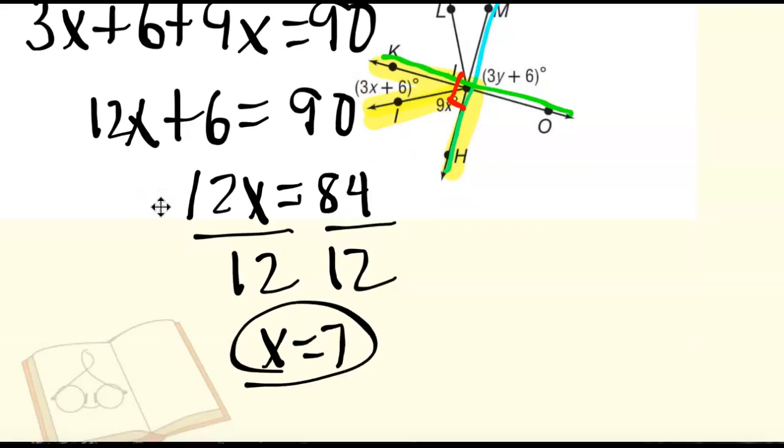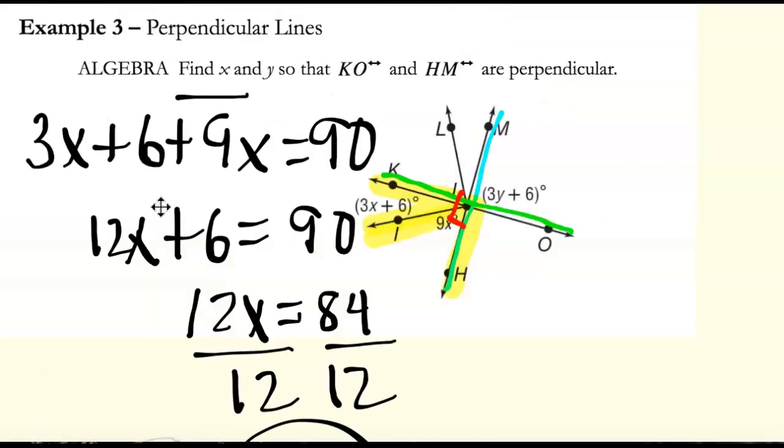Always with geometry we have to figure out if we've answered the question. So let's go back up to the question and see what it says. Find x and y. If x is 7, we want to solve then for y. If that is a right angle, then this would be a right angle too, so I need to prove that it is equal to 90 degrees as well.